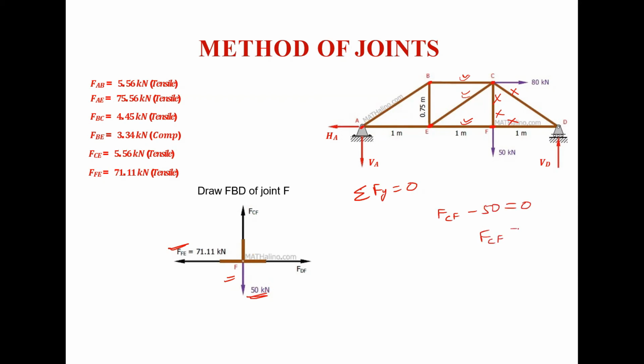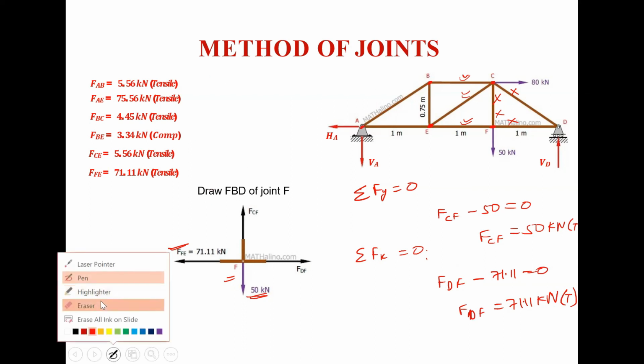So FCF will be equal to 50 kilonewton, and its nature will be tensile. And then if you balance horizontal force, then you will get FDF minus 71.11 is equal to 0. So FDF will be equal to 71.11 kilonewton. That will be, again, tensile in nature.